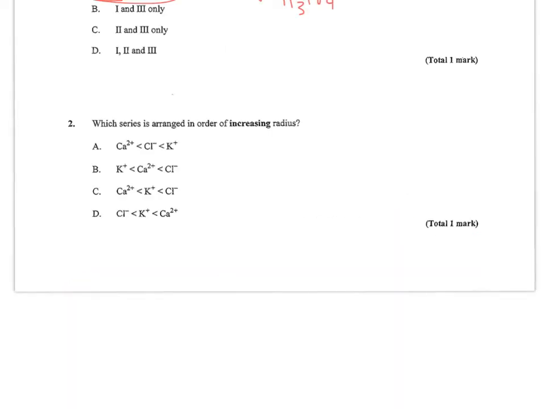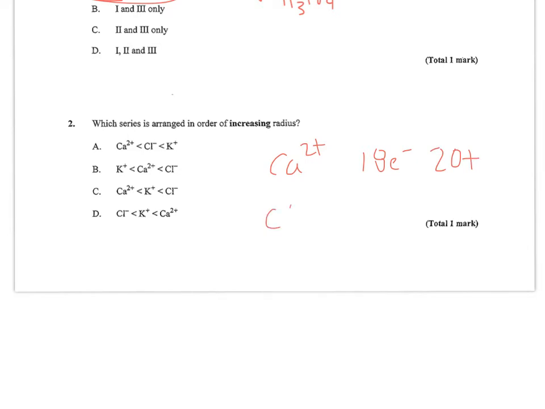Number 2 asks, which series is arranged in order of increasing radius, Ca2+, Cl-, or K+? What you're supposed to notice is that Ca2+ means that you have number 20 calcium and it only has 18 electrons, but it still has its 20 protons.